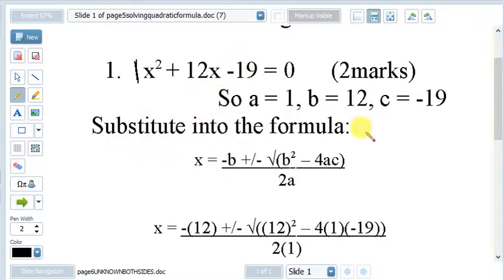So now we substitute these values into the formula. So first of all, minus 12, because that's your b, plus or minus the square root of 12 squared minus 4 times 1 times minus 19, all over 2 times 1, and there we go.